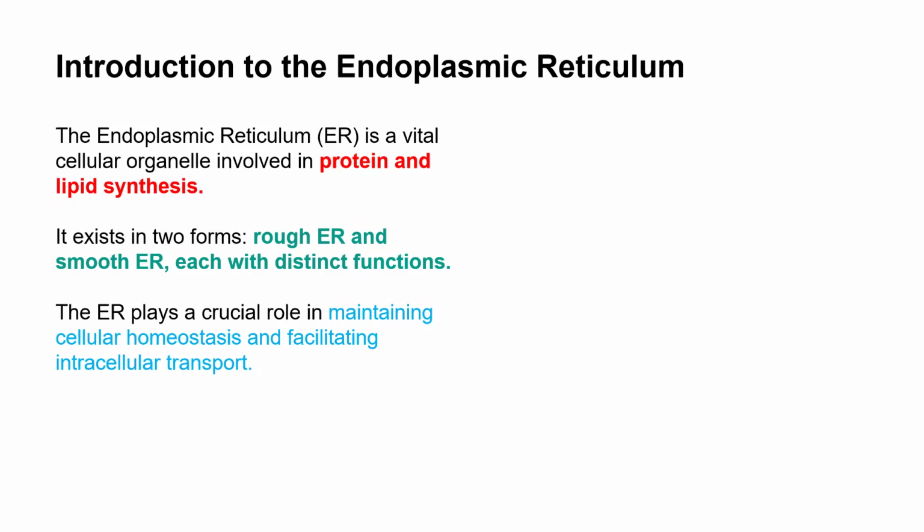Also, the endoplasmic reticulum sequesters calcium, or holds calcium; it is part of the cell where calcium is found. So it maintains the homeostasis of cellular calcium in order to prevent cellular injury as well as cell death. So it is very important in maintaining cellular homeostasis, that is, regulation of the cell's internal environment, as well as the transportation of substances across the cell.